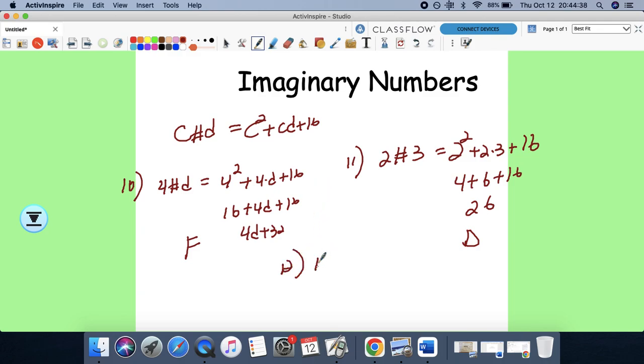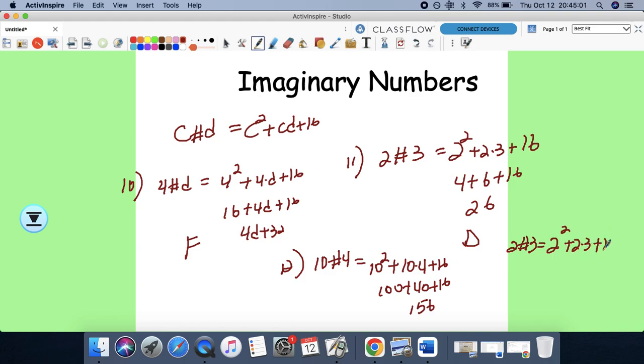So 10 pound 4. 10 pound 4 is 10 squared plus 10 times 4 plus 16, which is 100 plus 40 plus 16, which is 156. 2 pound 3 is 2 squared plus 2 times 3 plus 16, which is 4 plus 6 plus 16, which is 26.